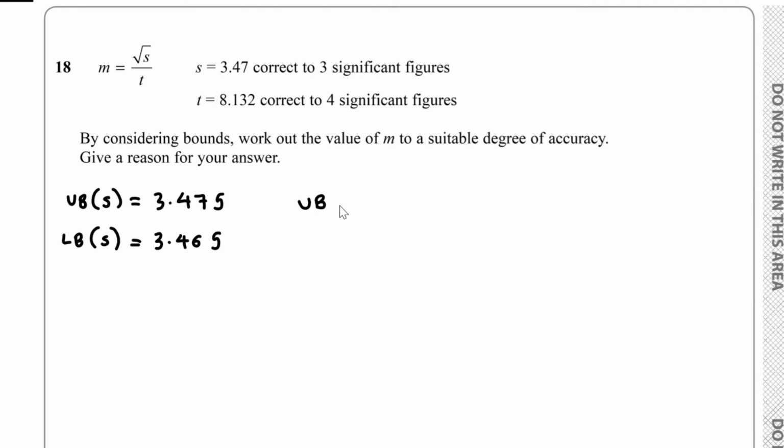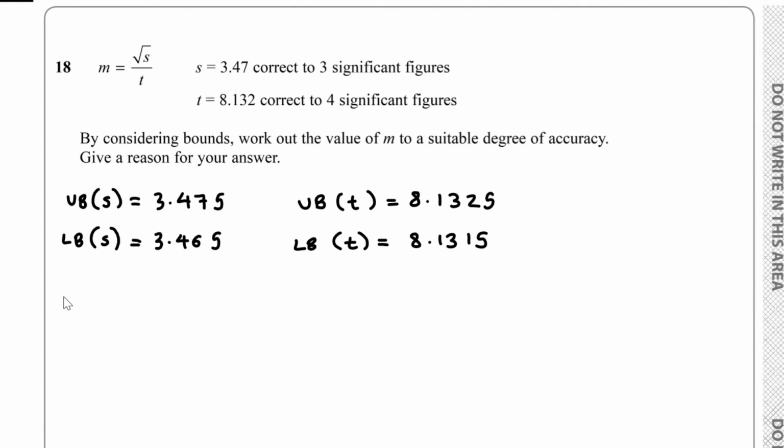The upper bound of t is equal to 8.1325, and the lower bound of t is equal to 8.1315. With this, we can calculate the upper bound of m and the lower bound of m.